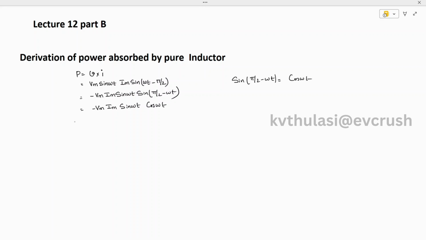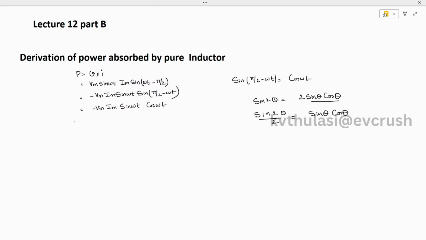We already know the formula sin 2 theta equals 2 sin theta cos theta. I require the value of sin theta cos theta, therefore sin 2 theta by 2 is equal to sin theta cos theta.